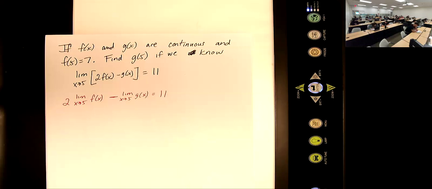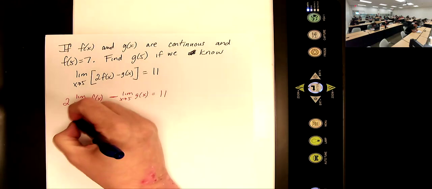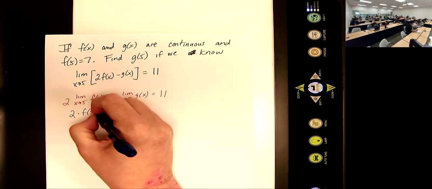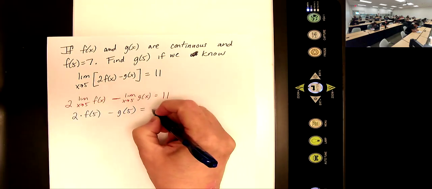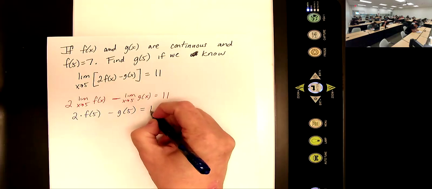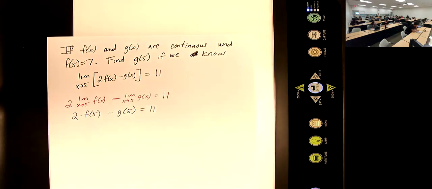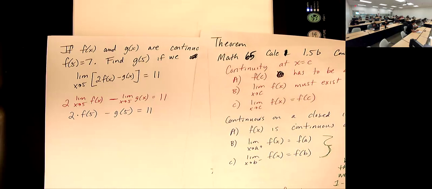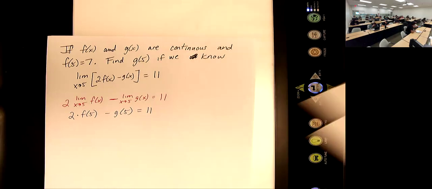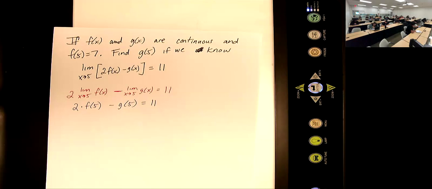This will be 2 times f of 5 minus g of 5. Continuity says that those should be the same. That was our rule C: if it's continuous, the limit as x approaches c of f of x equals f of c. So we can plug it in, and we have f of 5.